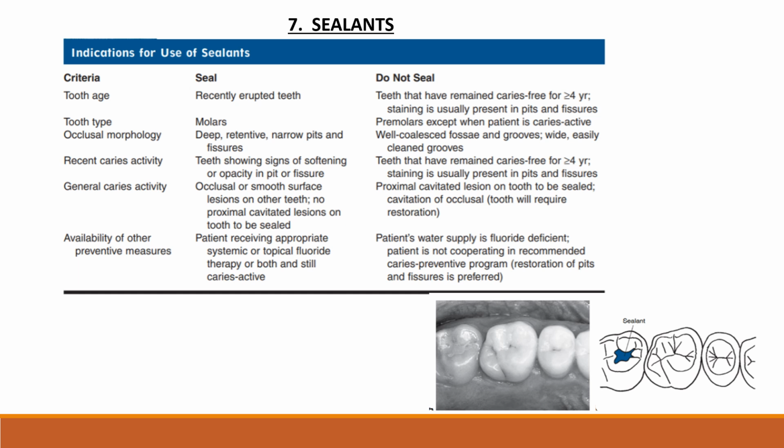First is obviously because we fill the pit and fissures with sealant, they mechanically seal the pit and fissures. Second is, since the pit and fissures are filled with the sealant, they deny entry to all cariogenic microorganisms. And thirdly, sealants render the pits and fissures easier to clean by toothbrush and mastication.